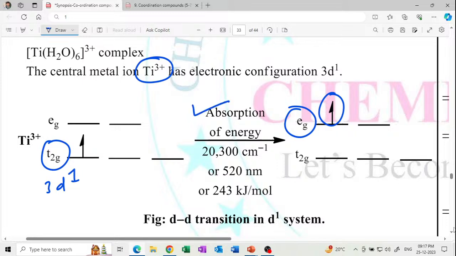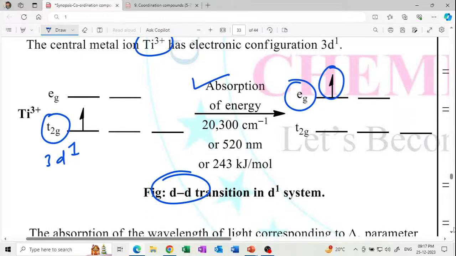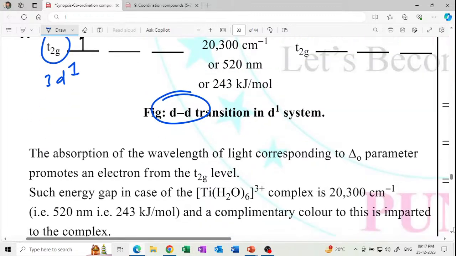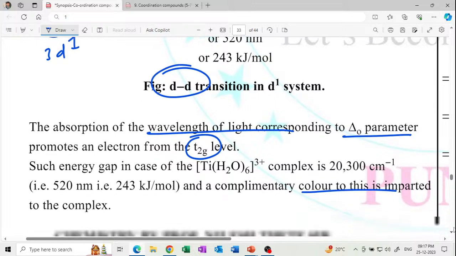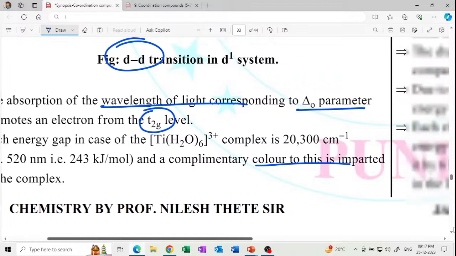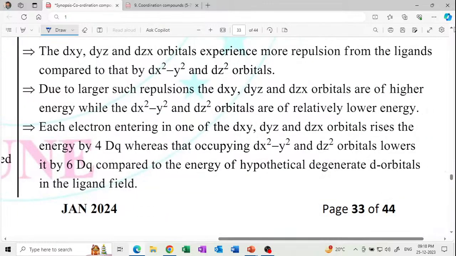Absorption of energy takes place, so the d-d transition occurs, and so it shows color. Get it? So absorption of the wavelength of light corresponding to the delta O parameter promotes the electron from the T2g level. So this shows the color, the complementary color of the complex. This is the color with respect to coordination compounds.